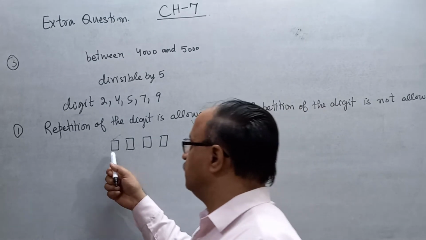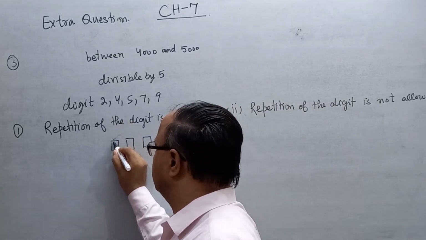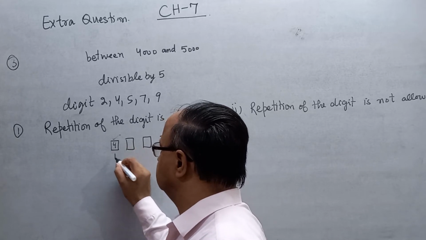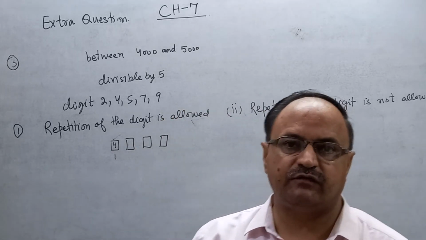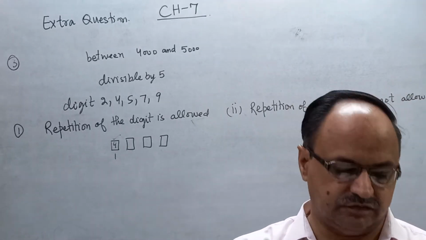Only you can put here 4. When you put here 4, the number lies between 4,000 and 5,000. Correct?